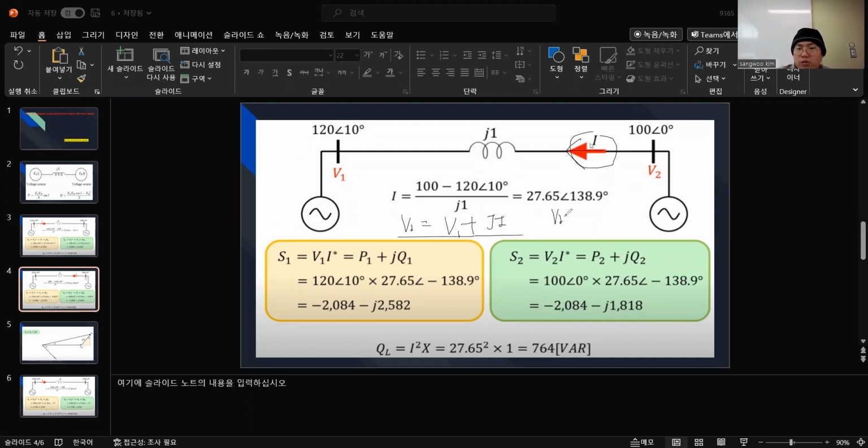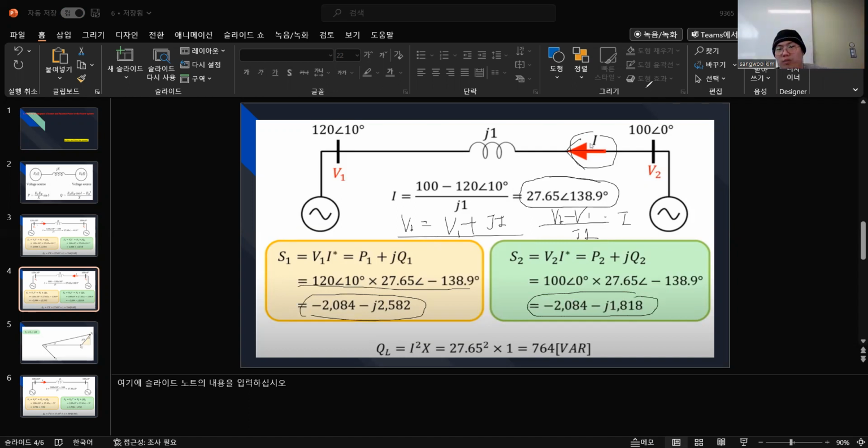Which means V2 minus V1 is I jX, and we get this current I, right? So if we calculate this, we get this number and this number.